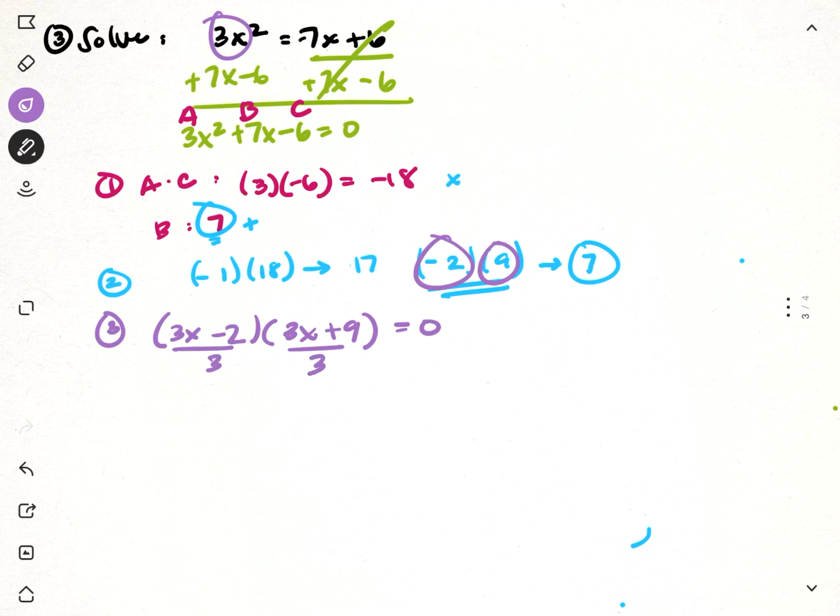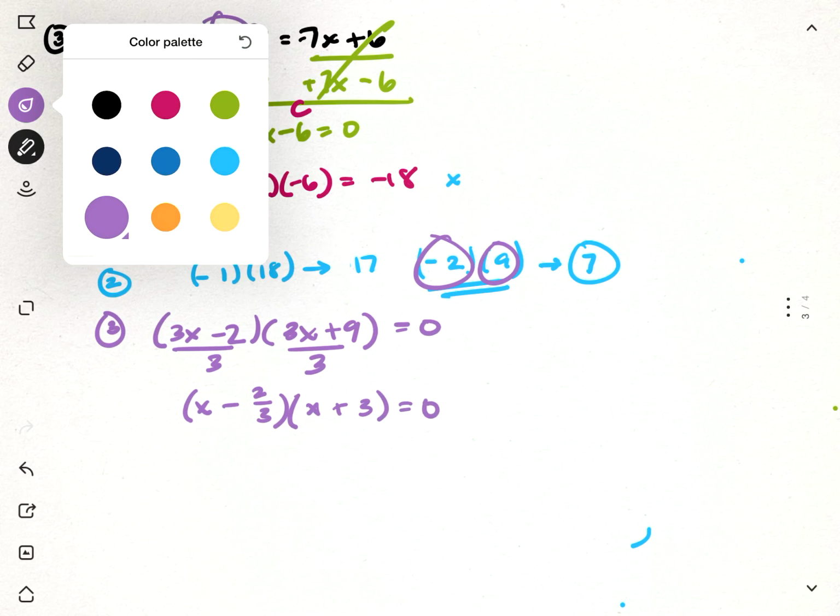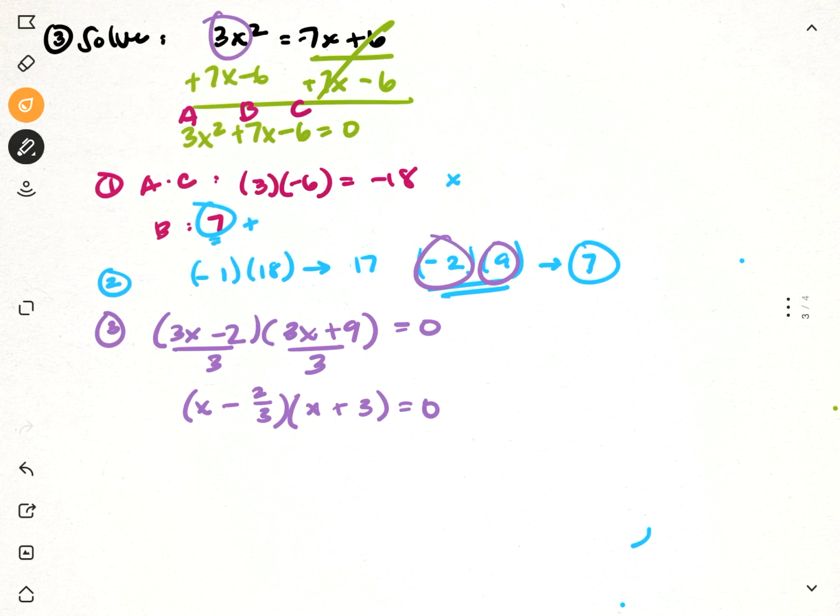So here we get 3 divided by 3 is 1x, minus 2 divided by 3 is 2/3. In the second parentheses, 3 divided by 3 is 1 again, and 9 divided by 3 is 3. And we're going to apply our zero product property. What minus 2/3 equals 0? Positive 2/3. What plus 3 equals 0? Negative 3.